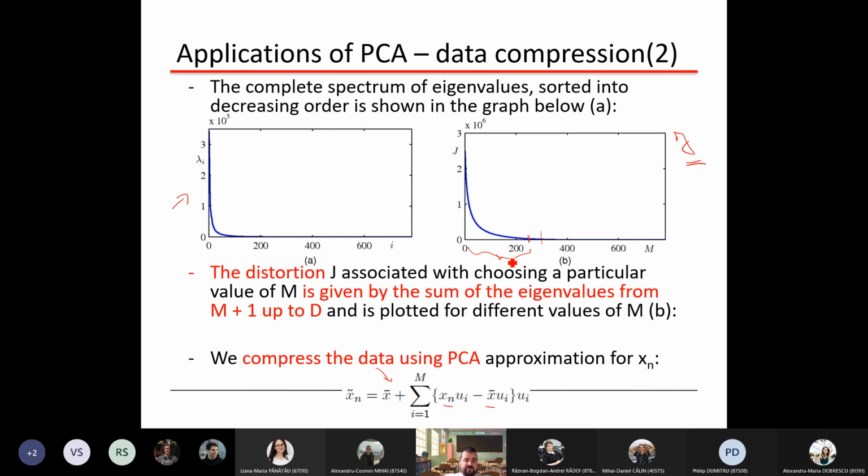So if we keep these eigenvalues and their corresponding eigenvectors for M, for the principal subspace, it means that all the rest will be the error that we get as data compression, and we will approximate the points from the dataset x_n as being the mean of the data that we saw earlier, plus the difference between that individual point and the mean for each of the M dimensions that we kept for the principal subspace.